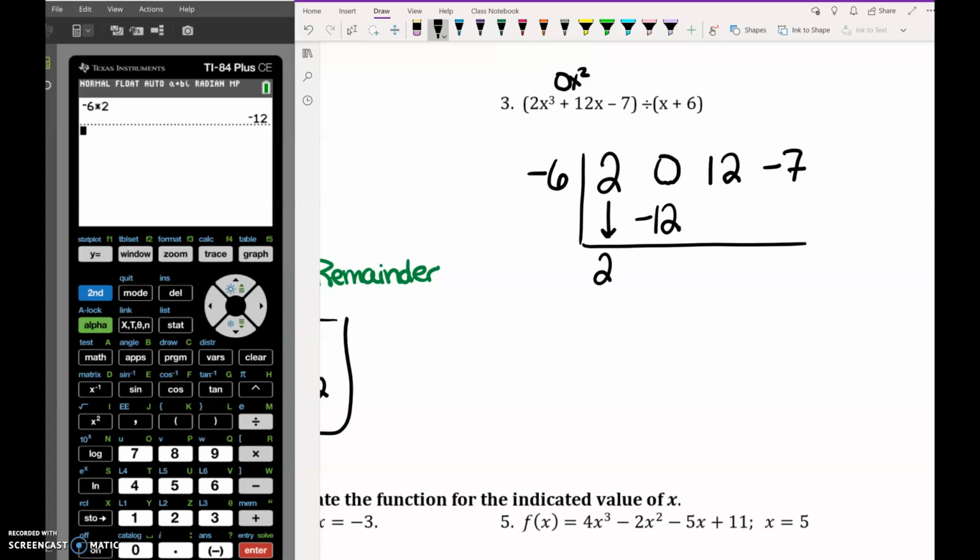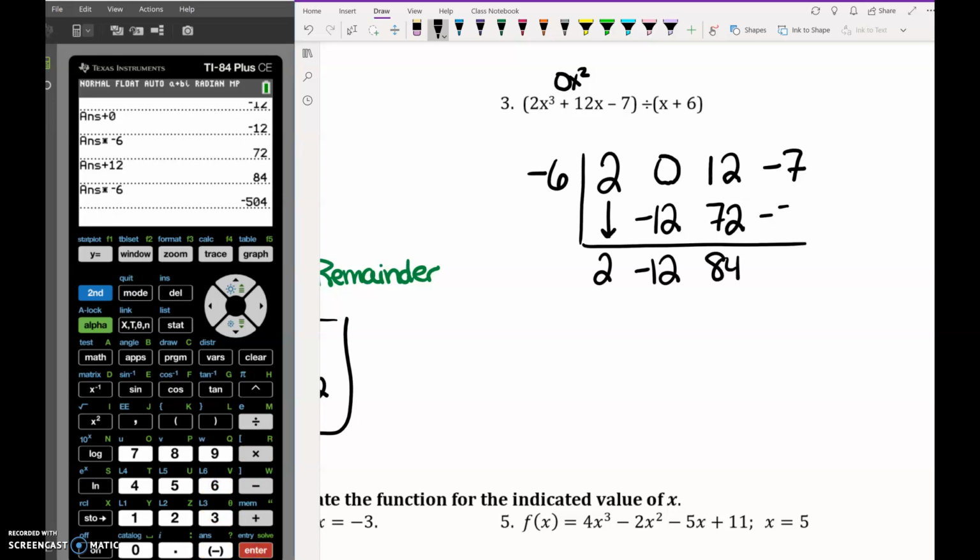So I did -6 times 2 and got -12, and then I add -12 plus 0. I don't really need to do that in my calculator, but whatever. -12 times -6 is 72, and then I do the 72 plus 12 to get 84. 84 times -6 is -504.